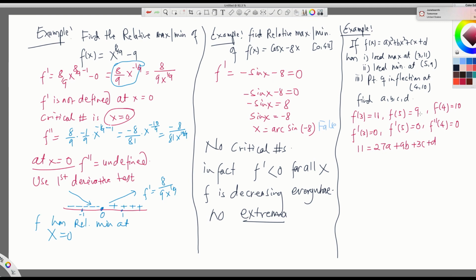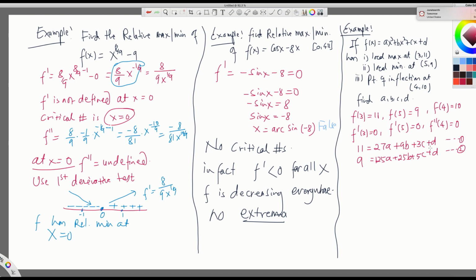And f of 5 equals 9 implies 9 equals 125a plus 25b plus 5c, I'm just plugging in x equals 5, and then plus d. Let's say this is equation 1. This is equation 2.